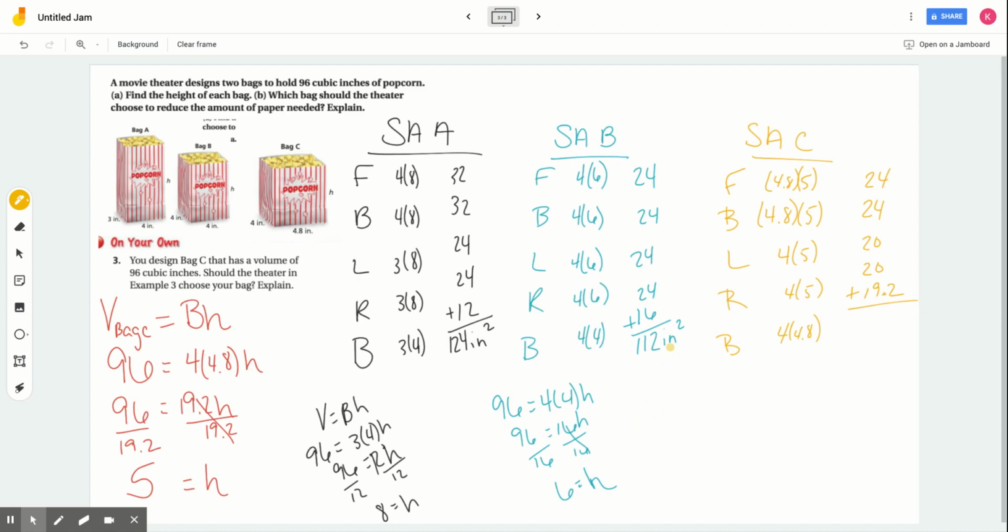And when we add those, we get a value of 107.2 inches squared. So if we are looking for the bag that's going to use the least amount of paper, we would compare their surface areas and see that bag C would be the best choice.